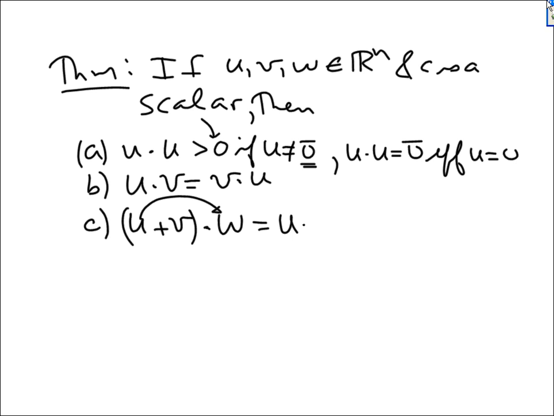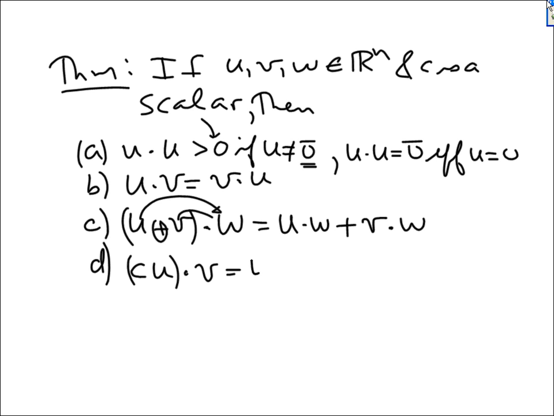You can dot U and W, plus dot V and W. Letter D. If you scale the vector U by C, and then dot that with V, you could, if you choose, scale the vector V by C and dot that with U. Or you can dot U and V first and then multiply by C.